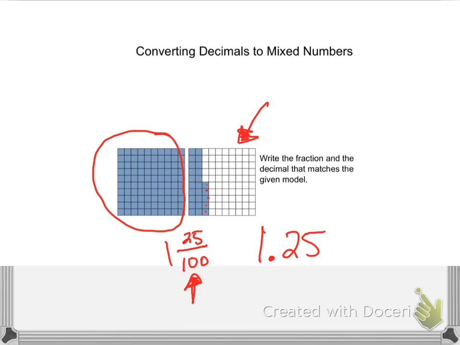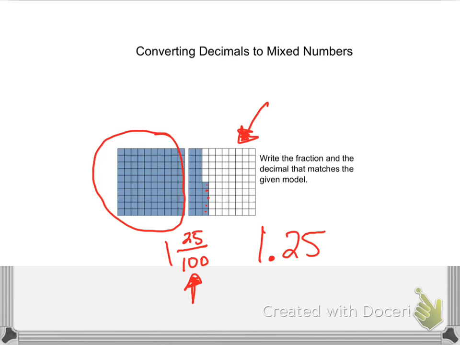Our fraction is partially correct, but it's not in simplest form. So what I have to do is simplify this fraction so that it is in simplest form. As we are working our way through these problems, you will always want to make sure that they are in simplest form. It's kind of a rule in math that you always make sure that those fractions are simplified.